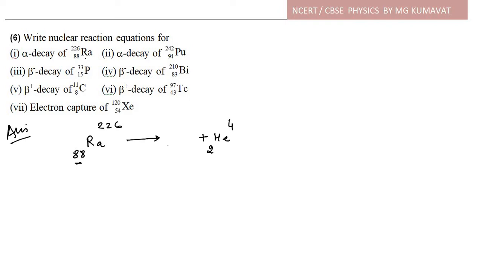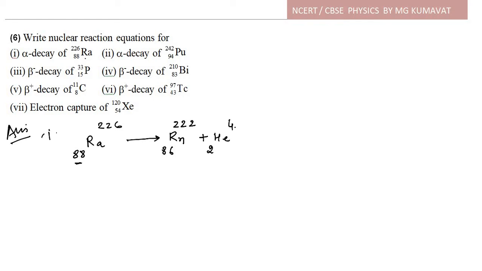So 88 minus 2 will be 86, and atomic mass decreases by 4, so it will be 222. The element with atomic number 86 is called radon. Means after alpha decay, radium changes to radon.